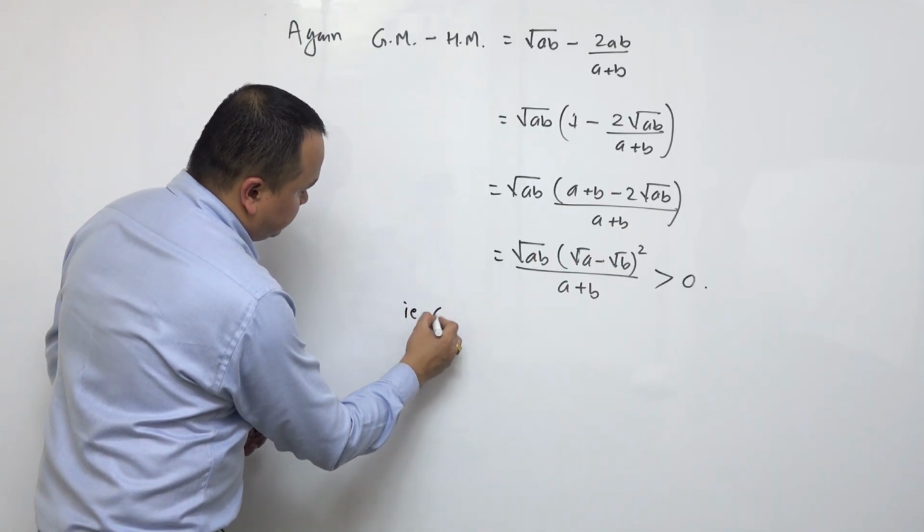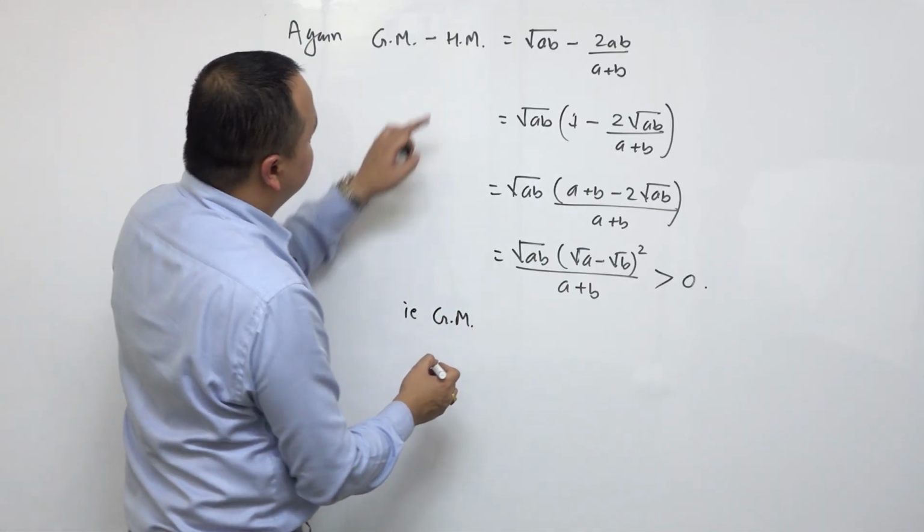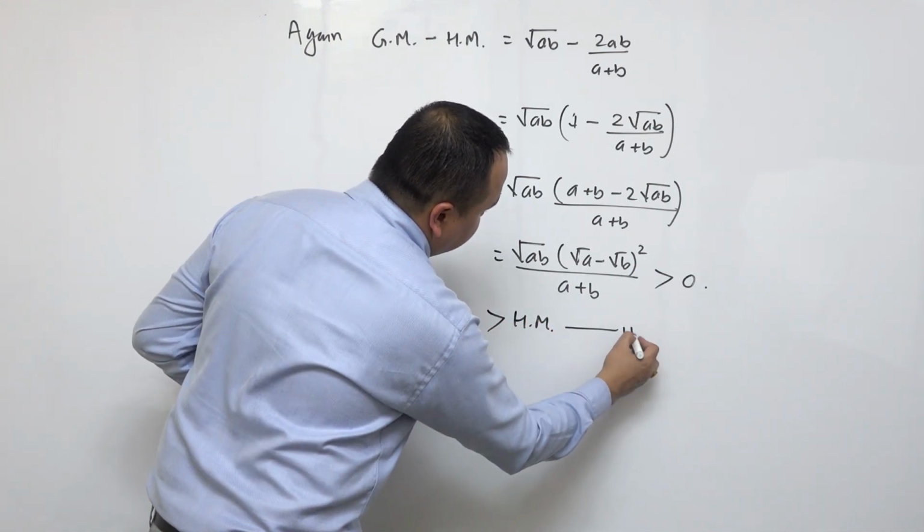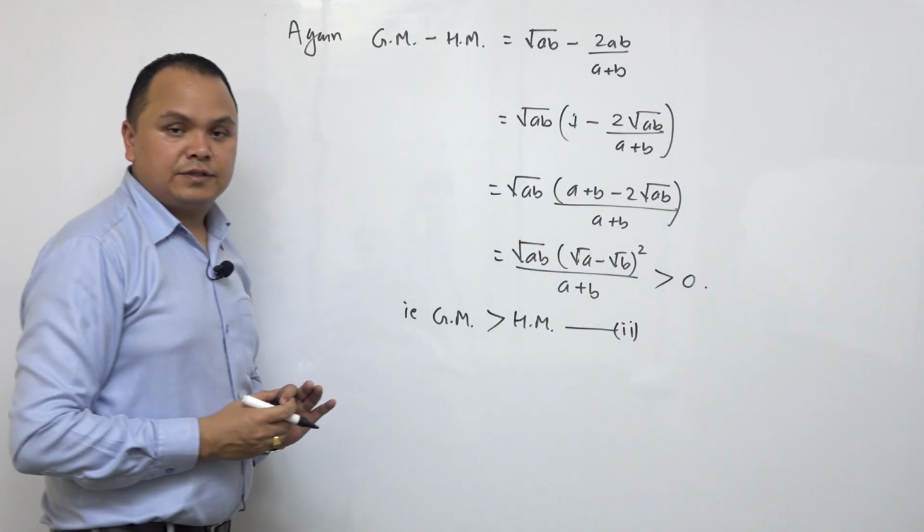That is, GM is greater than HM, relation II.